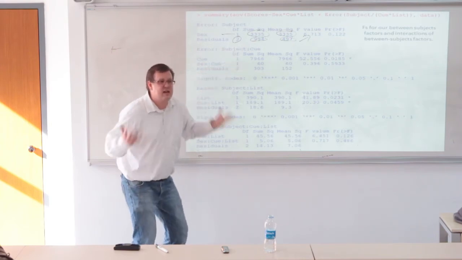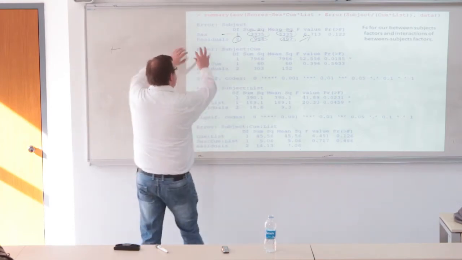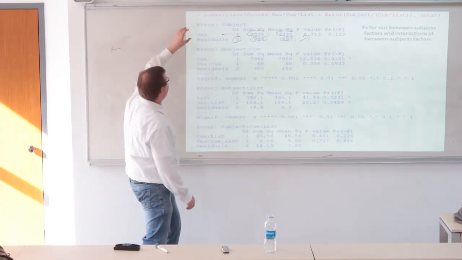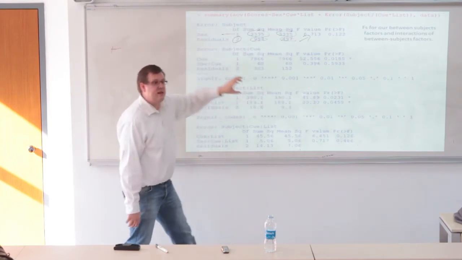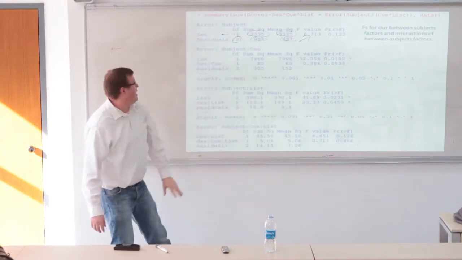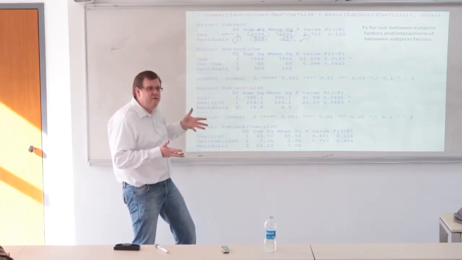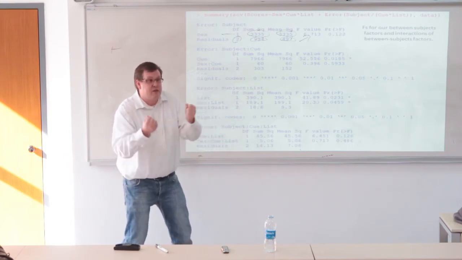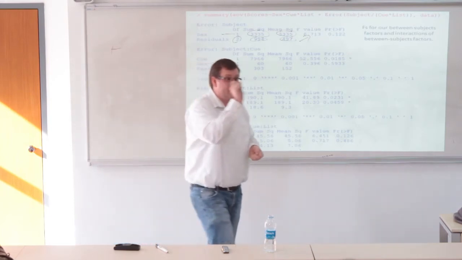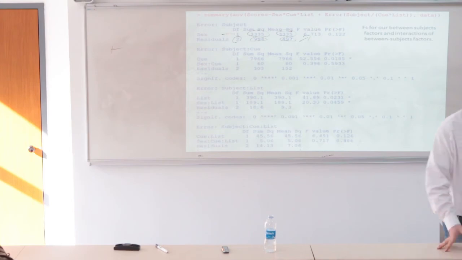We would need to have more subjects if we wanted to do that. But if we did have more, we would have a single residual and we could have one line for sex, one line for ethnicity, one line for whether or not you like coconut, one line for the interaction between sex and ethnicity, one line for the interaction between sex and whether you like coconut, and all of the other interactions of the between subjects factors. Yes? So the residual will go to 2 if we have 3 levels in one of the factors.